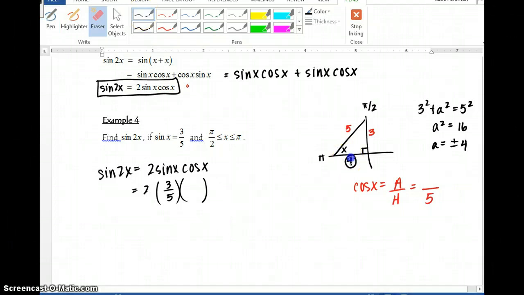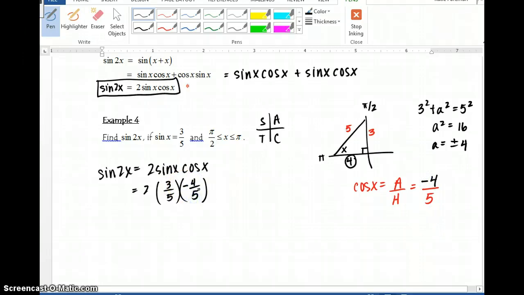But now we have to incorporate everything we know about trig. If my angle measure is in the second quadrant, I know that only the sine function has a positive value. So the side length that represents the adjacent side to the angle is 4, but because the cosine is in the second quadrant, it has to have a negative value.